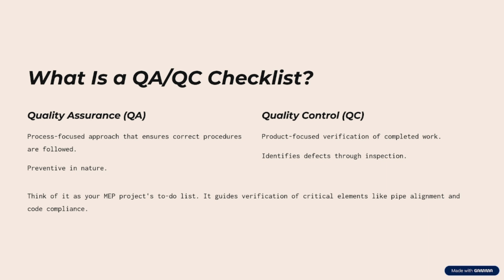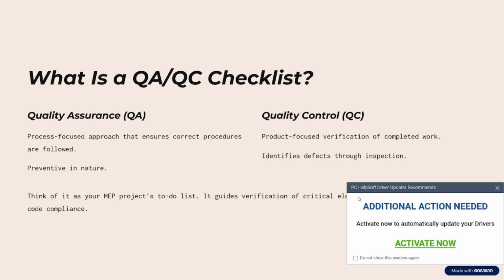So it's preventive in nature, and the quality is based on verification of the product, where you can identify defects through the inspection or through the checklist. Think of it as your MEP project to-do list, guiding verification of critical items like pipeline and code compliance. This is an example of that quality inspection.